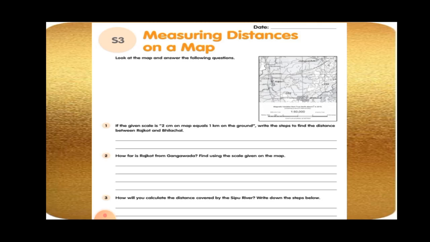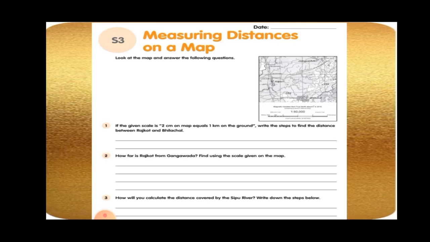What distance does it cover? It will cover 3.2 centimeters. What does it mean? You have to multiply the distance on the map with 2 centimeter. Then convert centimeter to kilometer for final answers.